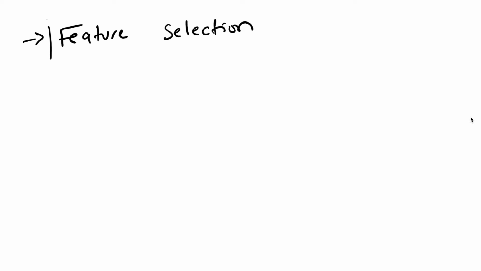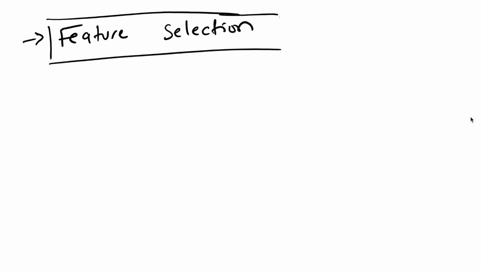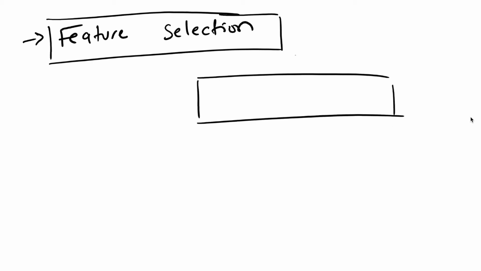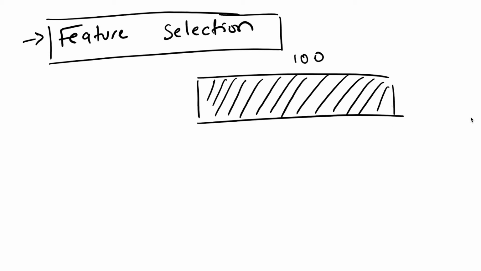Now coming to feature selection. Now what is feature selection? Feature selection is selecting variables from a given data set. Now let's say you have a data set, and let's say you have 100 variables in this particular data set.